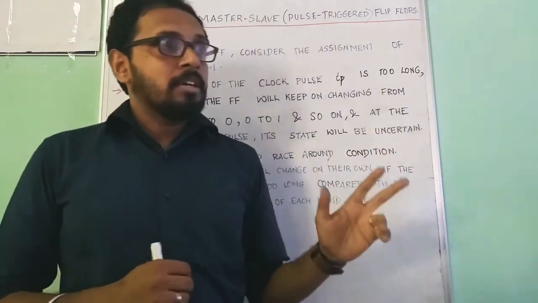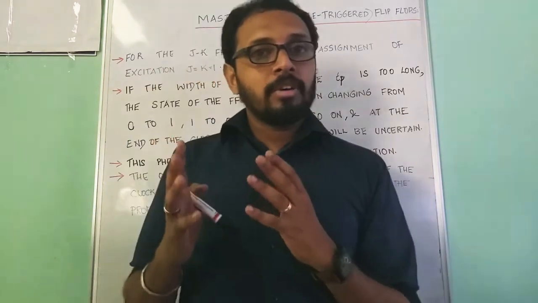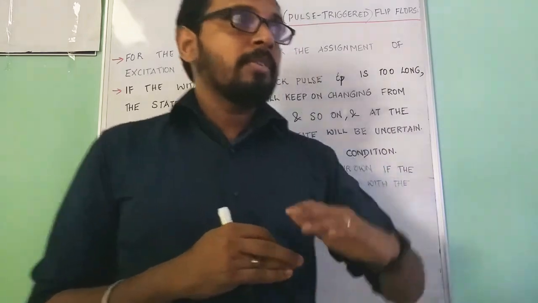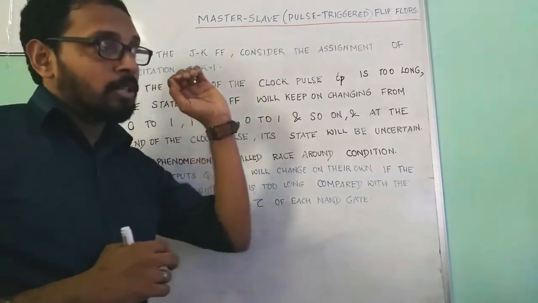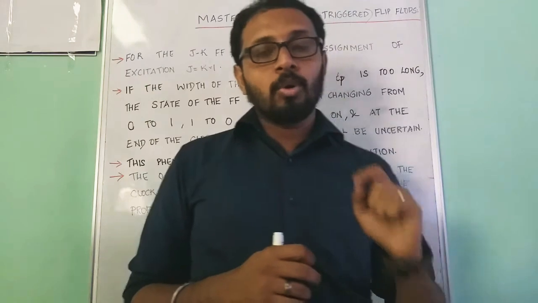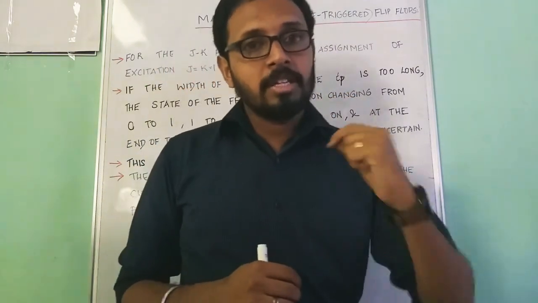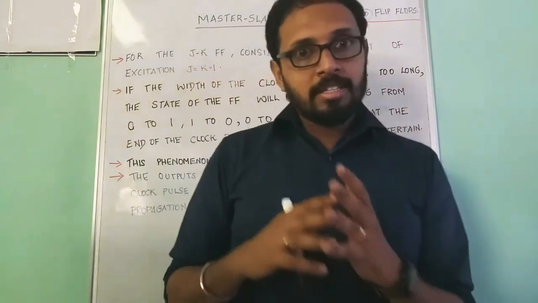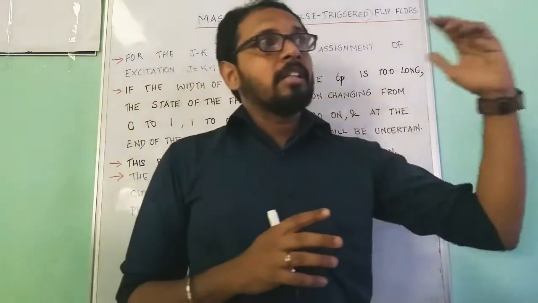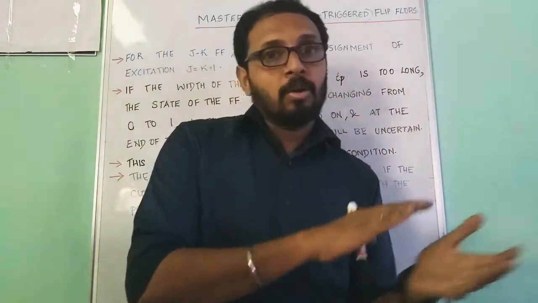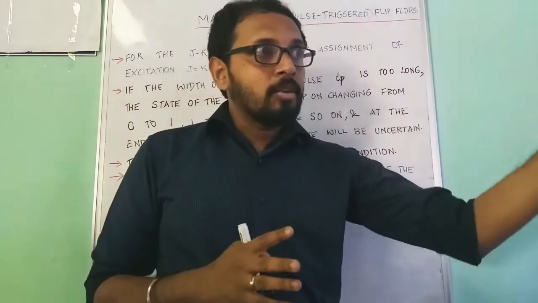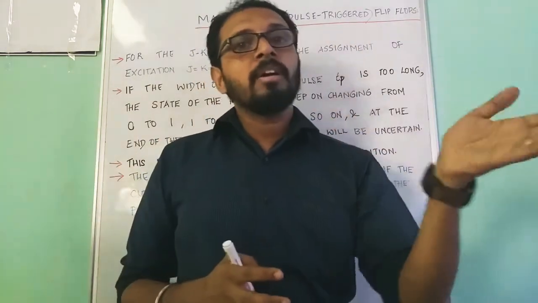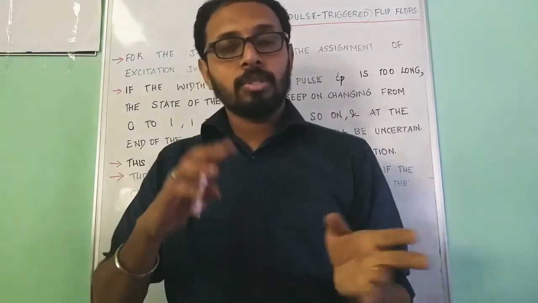But there is a problem in the case of the edge triggered flip flop. The name of that problem is the race around condition. It is a condition in which the toggle condition persists and the values keep changing based on the clock pulse width. 0 is converted to 1, and within that time period that 1 is converted to 0, 0 to 1, 1 to 0.